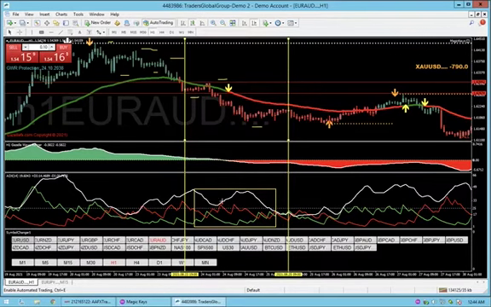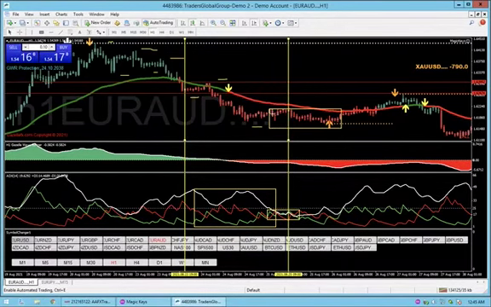Bears are in control with high momentum. And as you can see in this section, you had a good drop here. When the momentum dropped, it consolidated. Look at that. Consolidation.